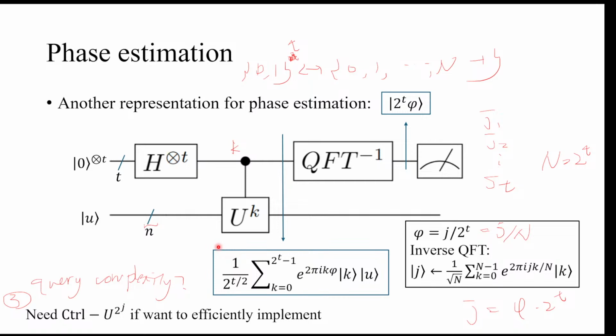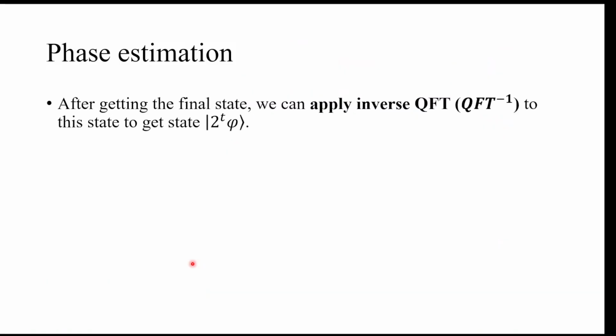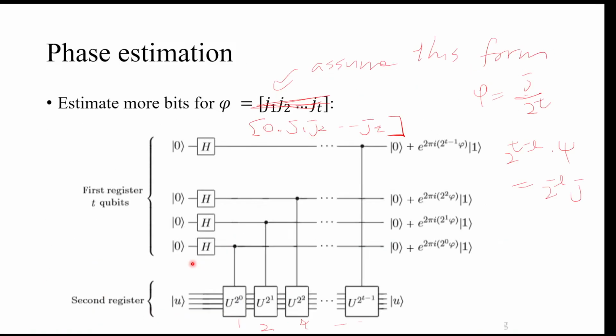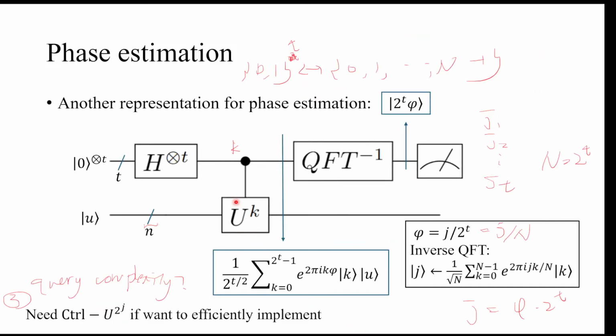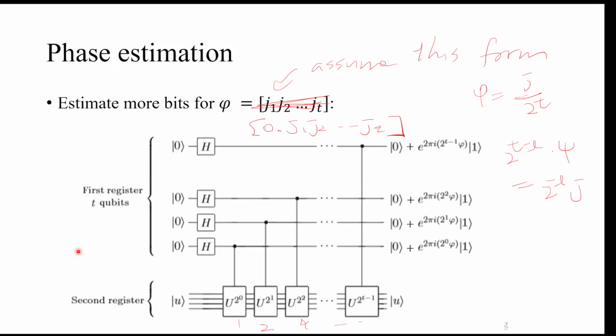That's bad. But we have a shortcut when we want to do factoring. When we do factoring, we can actually implement this control part efficiently. So we need to go to the more dirty part of the representation. We need to go back here. We can do this control U to the k by doing all those controls to different powers. And in terms of factoring, those controls to many powers can actually be done efficiently.